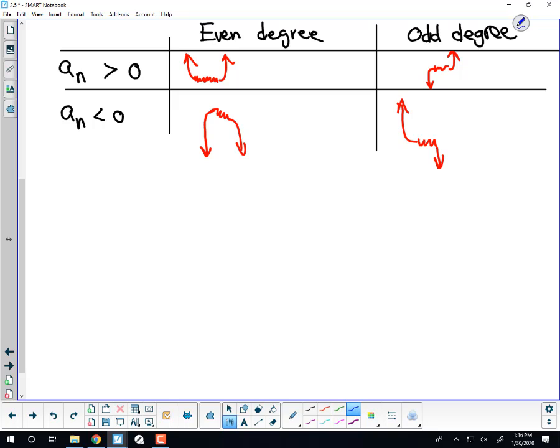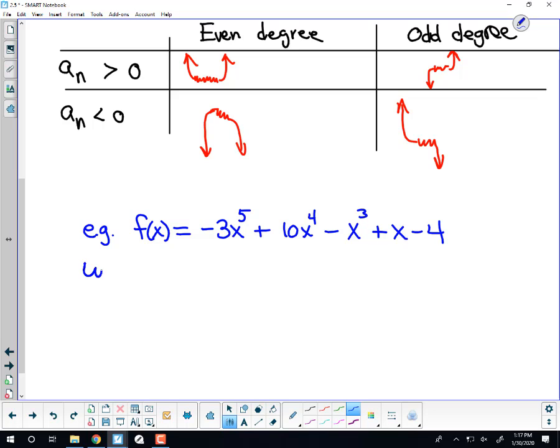So then let's look at, for example, this function we'll call f of x, defined as negative 3x to the fifth, plus 10x to the fourth, minus x to the third, plus x minus 4. So then a question that you've seen previously was, what is the end behavior?